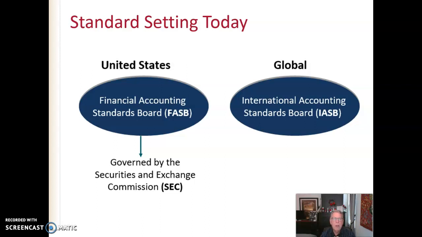And so that is the United States only, however, that GAAP applies to. The rest of the world uses the International Accounting Standards Board, IASB, for all other 200 plus countries. So we're the only one that uses generally accepted accounting principles.